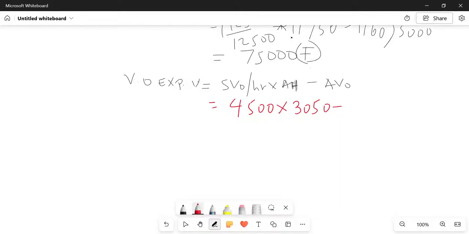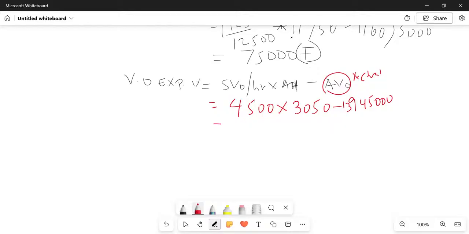From the actual information, actual variable overheads, how much? 13,945. You return back the thousands, because it is in shillings thousands, I must always return them back. Otherwise the other option is to convert this by 1,000.